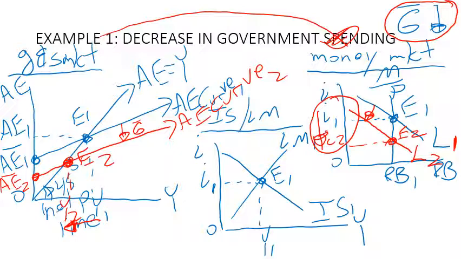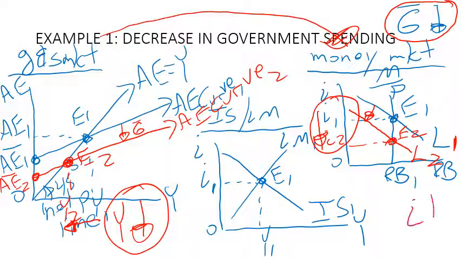Okay, so we have drawn 2 conclusions from our analysis so far. One, from the goods and services market, GDP has fallen. And the other result drawn from the money market is that the interest rate has decreased.